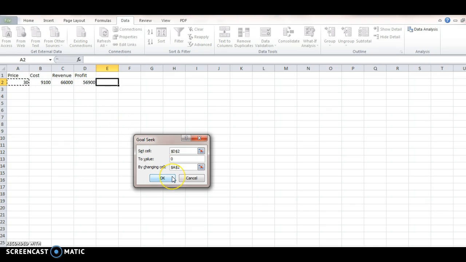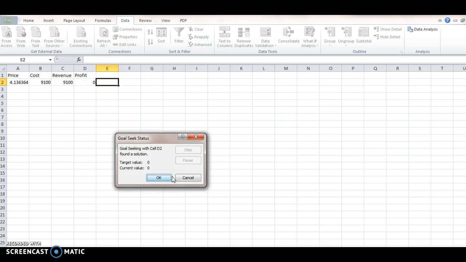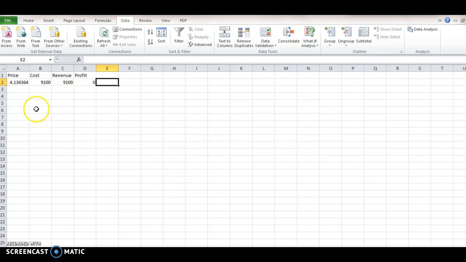So to make my money back, to offset the cost with the revenue. So click OK. And notice the profit is 0, the revenue is 9,100, cost is 9,100, because they should be the same. It's saying the price point only needs to be $4.13 to offset that.